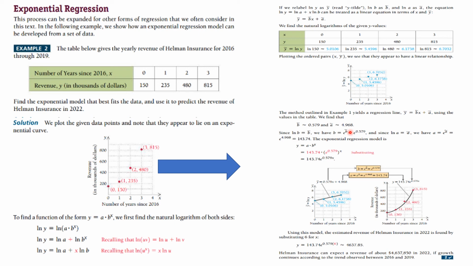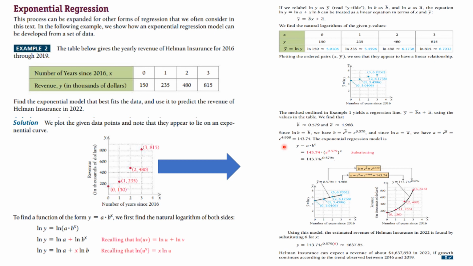But then we know that the ln of b equals b tilde, so b is equal to e to the b tilde, so this is e to the 0.579, and similarly a is equal to e to the a tilde, and so this is e to the 4.968, which equals 143.74.